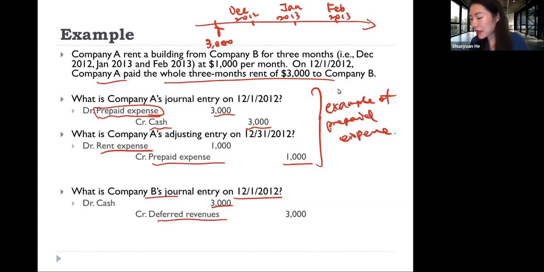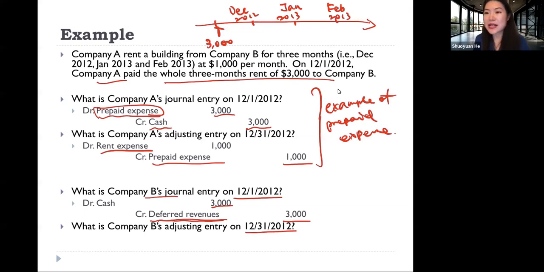Instead, it should record a deferred revenue of 3,000. Then 1 month later, at the end of the month, company A has already used the building for 1 month. So company B can record revenue 1,000 and debit deferred revenue 1,000. So deferred revenue goes down.